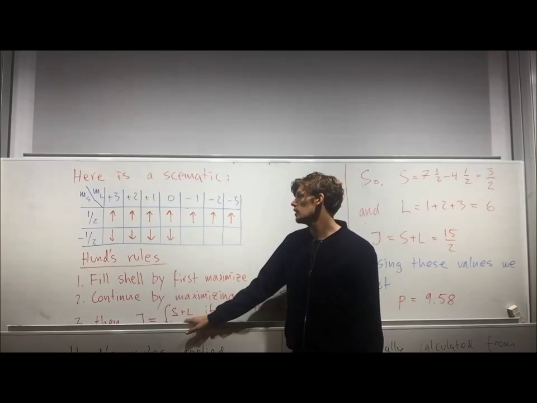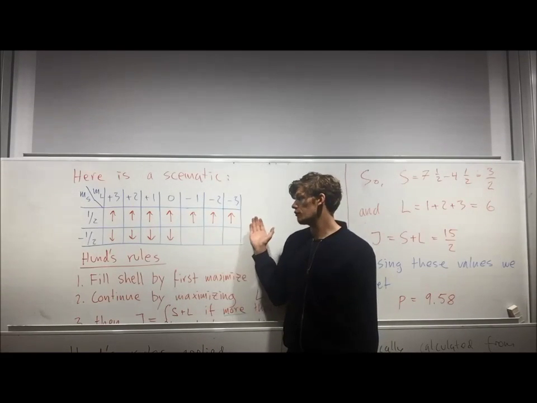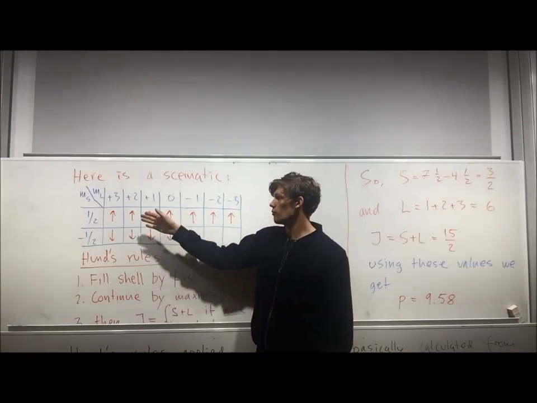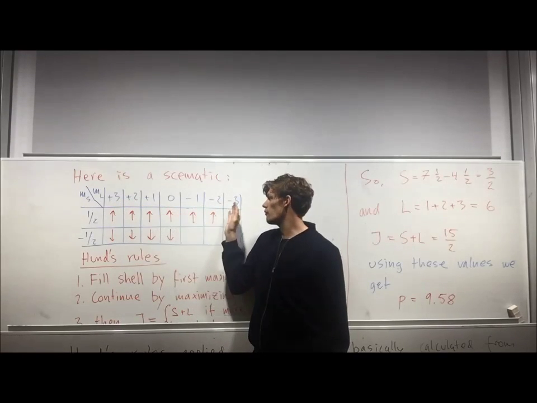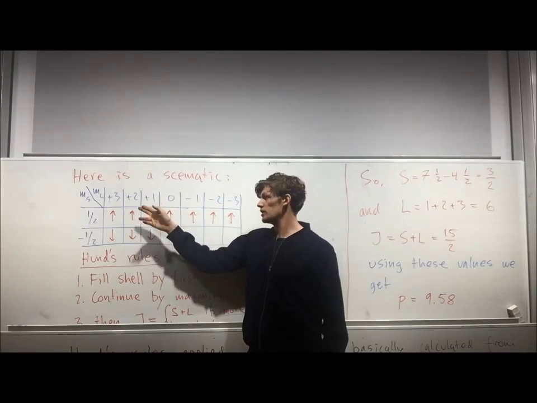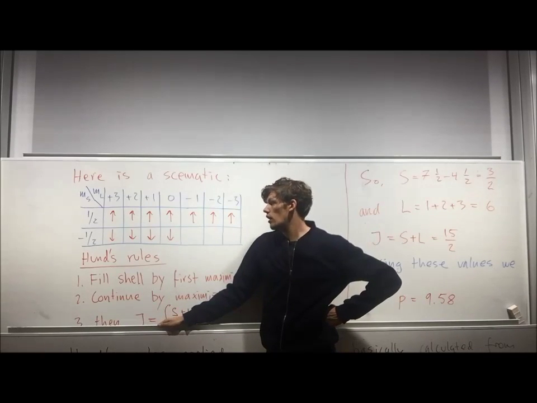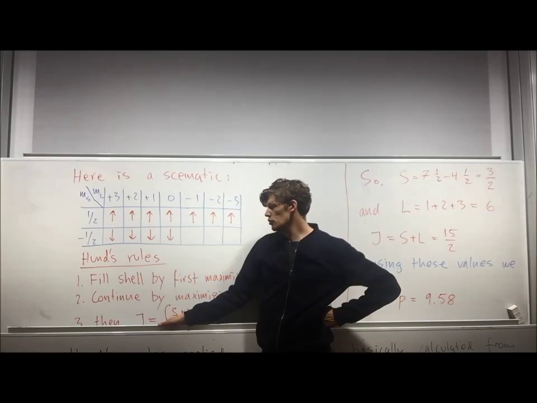The f shell has 14 positions, 7 for each spin. You have 7 possible quantum numbers for angular momentum, ranging from -3 to +3, and then the spin quantum number could be either plus a half or minus a half.